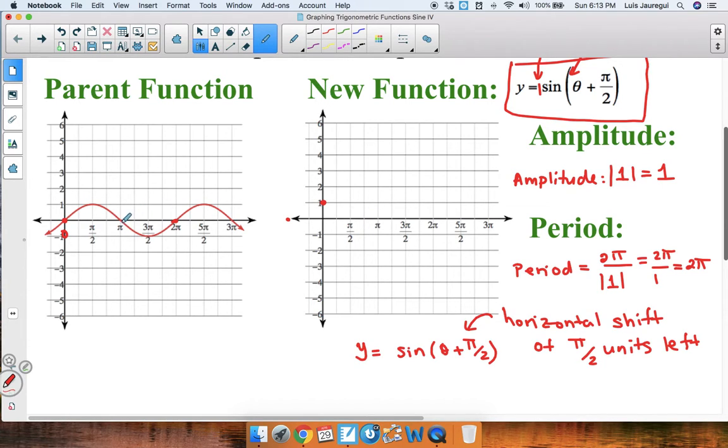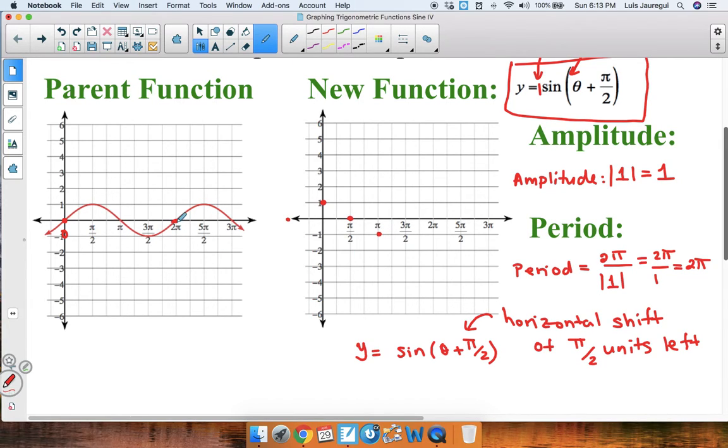The next one you have here is pi, and your output was 0. So then you're going to shift pi over 2 units to the left, and keep your output as 0. Then at 3 pi over 2, you had an output of negative 1. So we're going to go to 3 pi over 2, and we're going to shift that pi over 2 units, and we're going to get our output of negative 1.